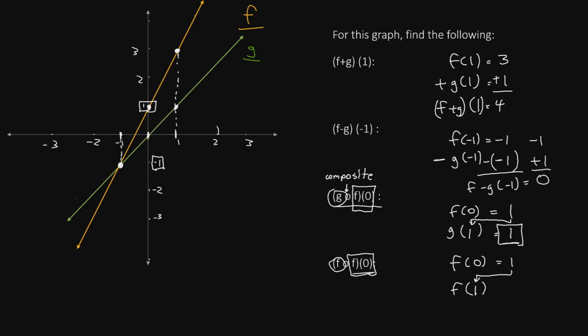So now let's look at f at 1. We already have a dotted line here at 1, and we can see that this dotted line intersects the orange function f here at 3. So our answer will be 3. So we can say f composite f at 0 is actually 3.